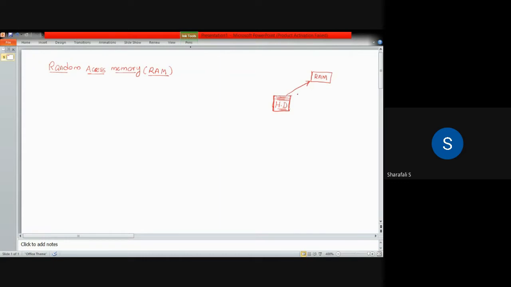So when you are starting your computer system, or when you are starting any program in the computer system, actually this RAM will fetch the corresponding data from the hard disk, from that corresponding memory location, and that will be taken by the RAM, and the execution of that particular program will happen within this RAM.